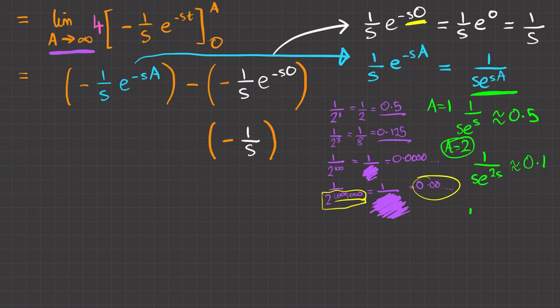Once we get to 100 or 1,000, we could have, say, s e to the 1,000 s, or s e to the 1,000,000 s. We're going to be getting numbers that are closer to 0.0000000. The number is getting smaller each time, so we're actually getting close to 0. The bigger this a value gets, the smaller the outcome number will be.